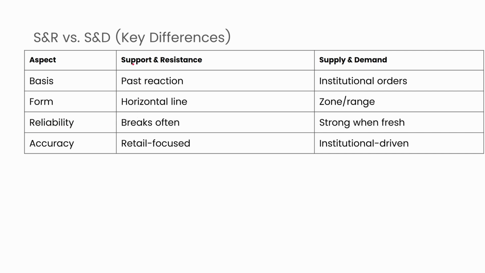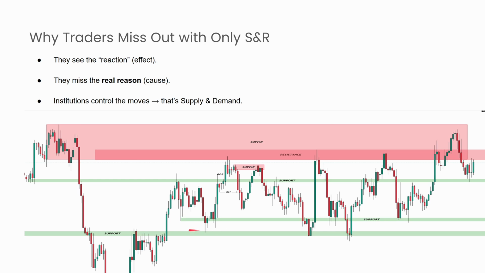Reliability. Support and resistance often breaks, but this one is strong, especially when fresh. If I take you back, you can see, if someone marked this level as their support, how many times has it broken? It broke here, went down. Look at this, it never even touched the level.